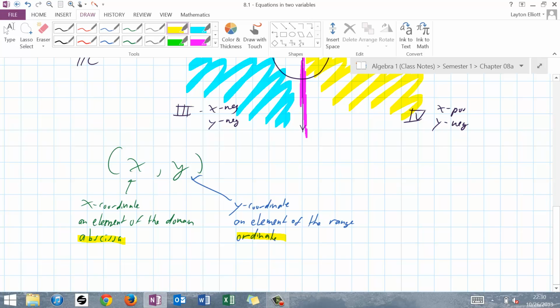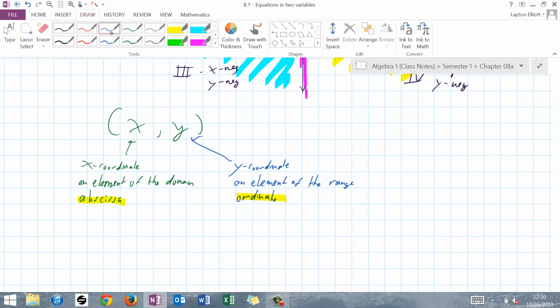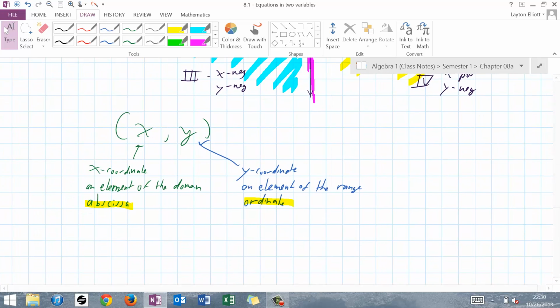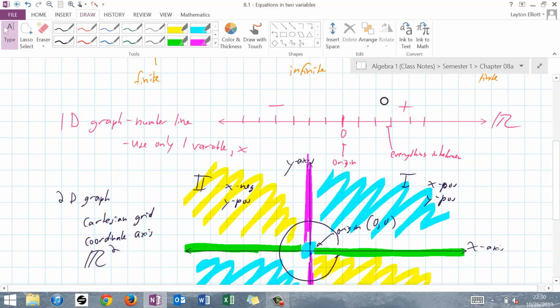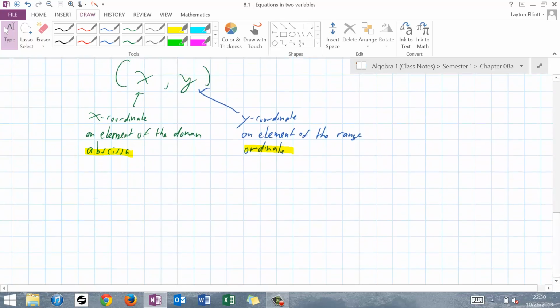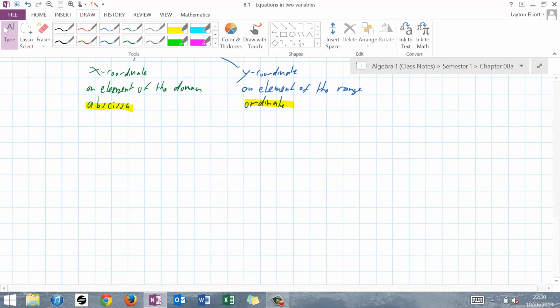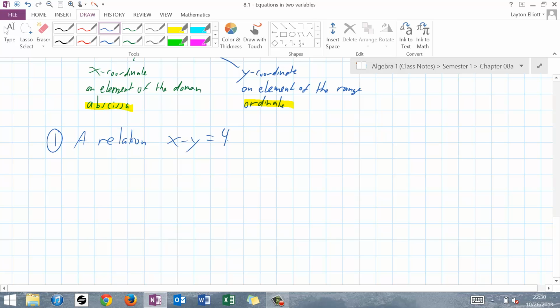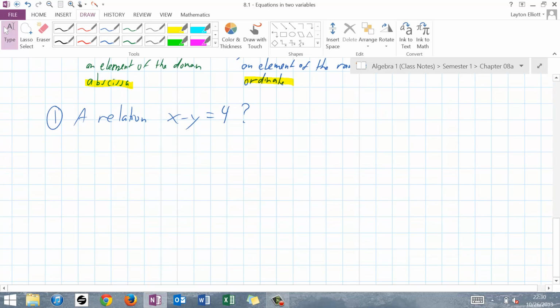Sometimes we can describe these different shapes up here by listing them, but sometimes we can describe them with equations. A relation can be defined by an equation. For instance, here is a relation that is defined by an equation. It's a relation called x minus y equals 4, and it's made up of all the ordered pairs where x minus y is equal to 4.